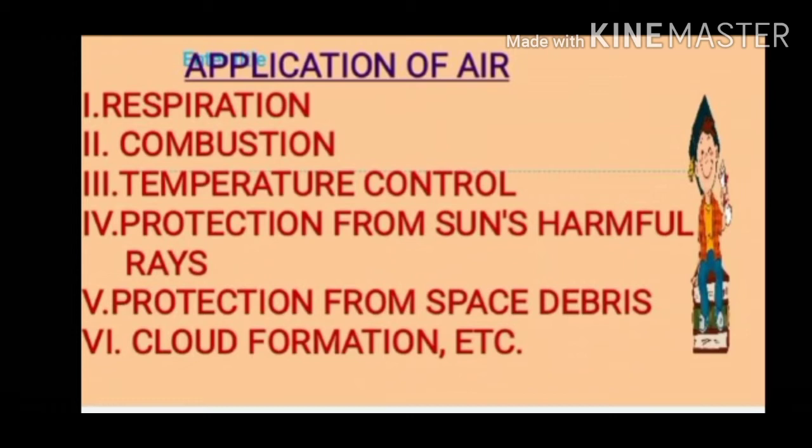Let's see how air helps to control the temperature on the earth. Air helps in the formation of winds. During summers, the land gets heated up much faster than the oceans.